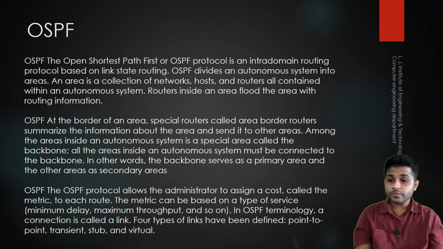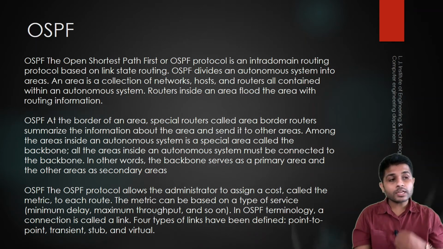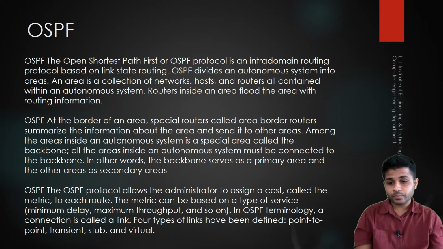In OSPF, at the border of an area there are some special routers known as border routers, and these routers will send information to other areas. Some special areas are also there, which are the backbone, and the backbone is considered as the main routers, and all the remaining routers will share the information with the backbone routers.